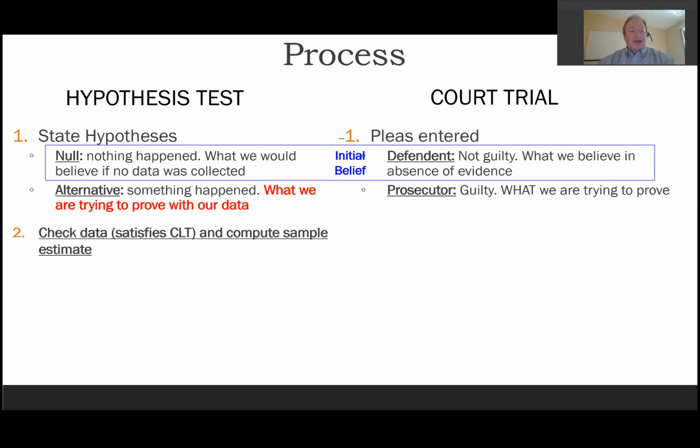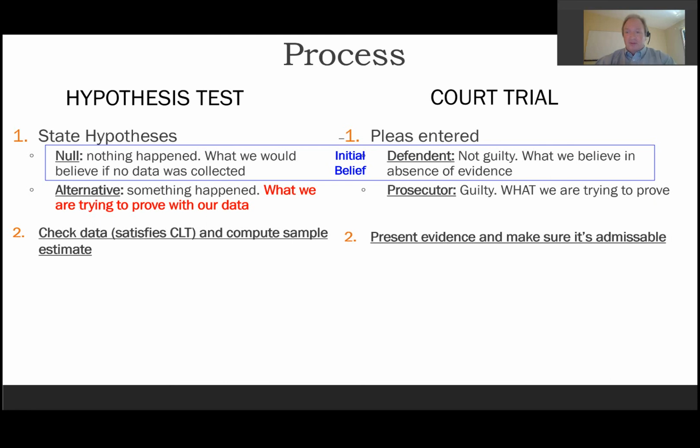Okay, what happens next? Well, in a statistical hypothesis test, we check our data. We want to make sure it satisfies the central limit theorem, and then we compute the sample estimate. That corresponds in a court of law to presenting evidence and making sure it's admissible. It's important to understand that the data is always in favor of the alternative, in the same way that all of the evidence presented in a court of law is in favor of the prosecutor, right?